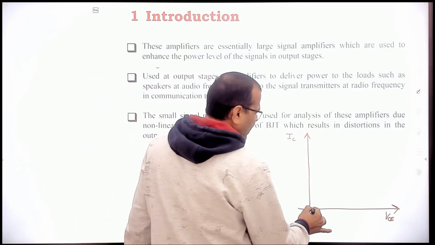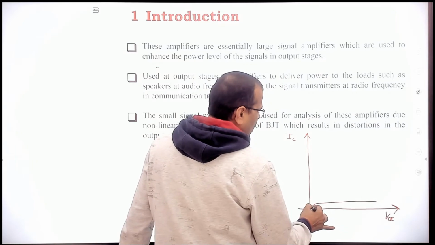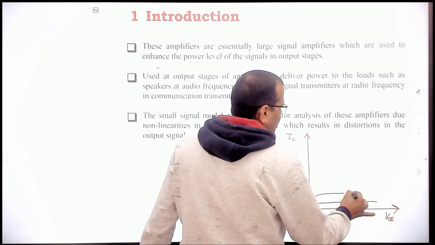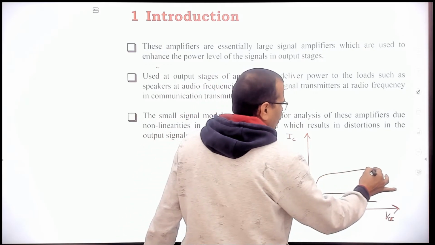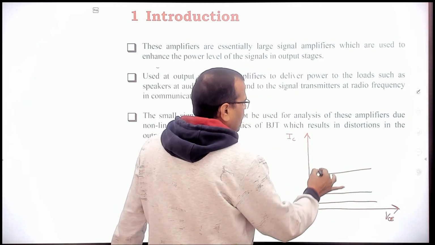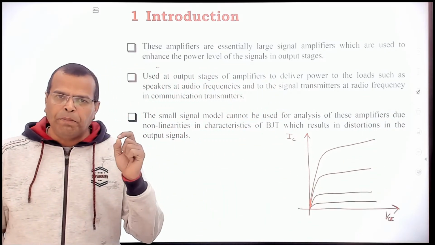And if you draw the characteristics, they are like this. I have a line which is almost parallel to the voltage axis VCE. These are the characteristics of a BJT.